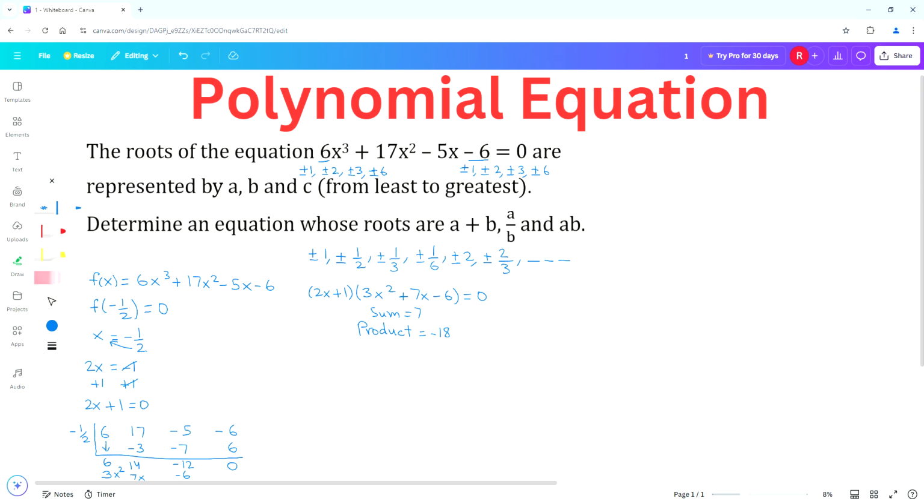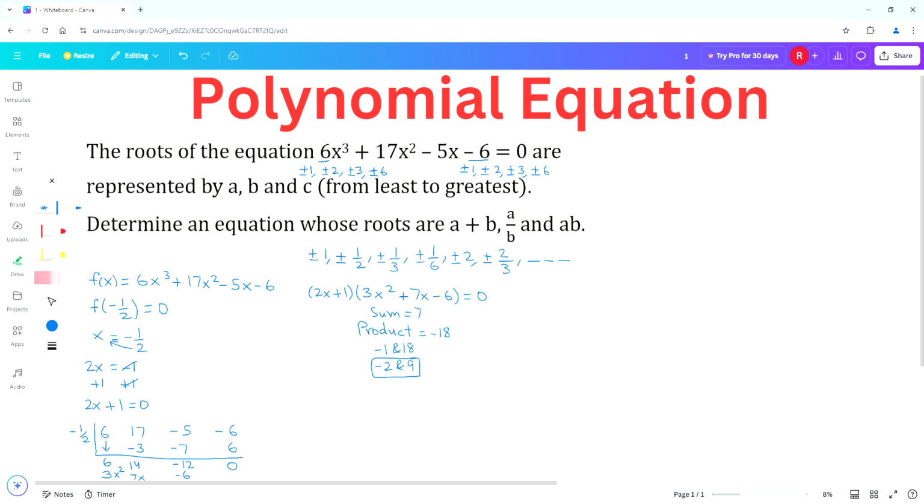The first pair can be negative 1 and 18, but we cannot get a sum of 7 from these numbers. The next pair can be negative 2 and 9. Negative 2 plus 9 is equal to 7. So these are the two numbers we are looking for.